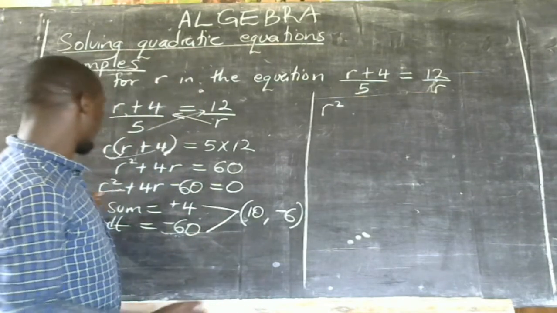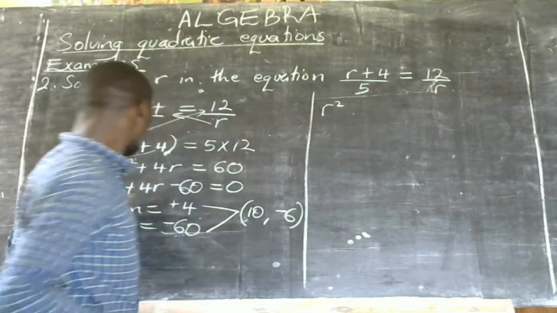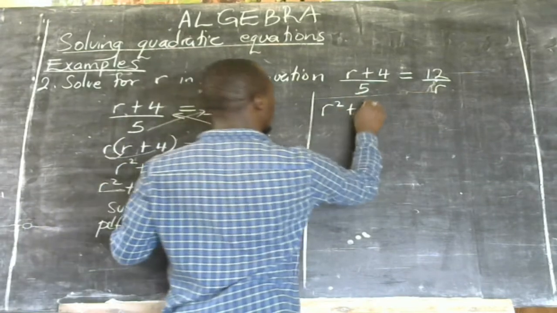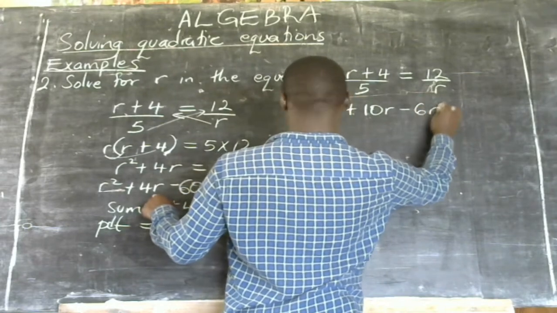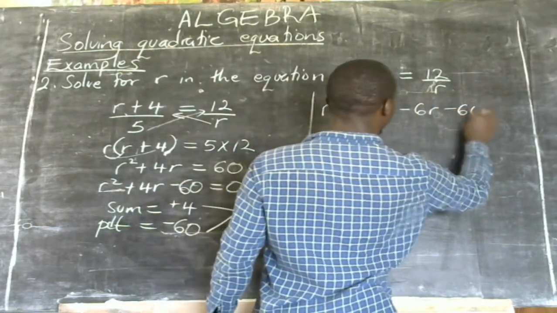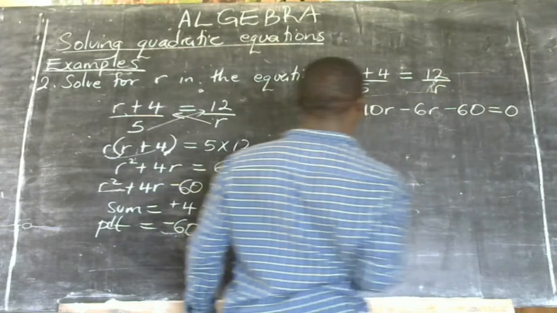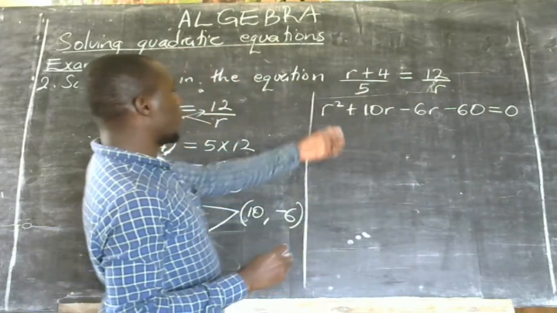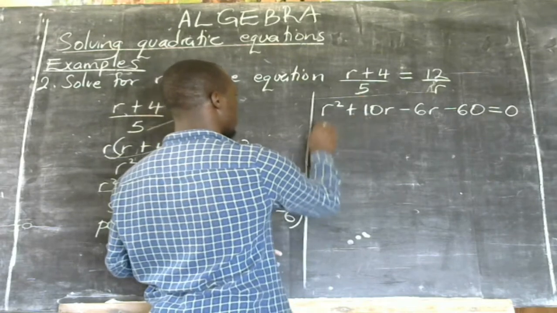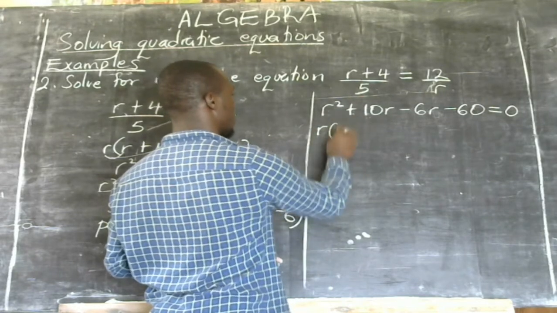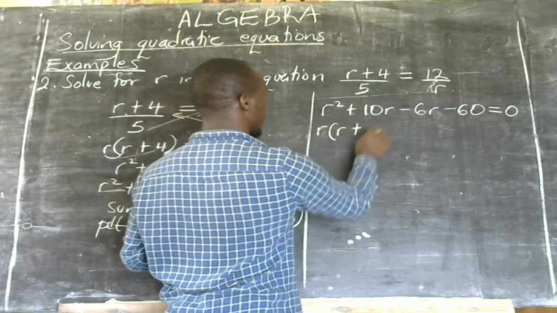So this one is going to be r squared, then plus 10r minus 6r minus 60 is equal to 0. Factorizing these first two terms, r is common. So when I pull it out, here I'll be left with r, then plus 10.